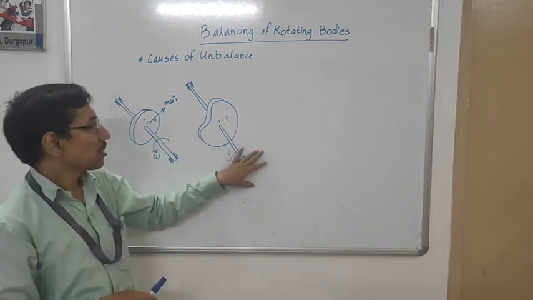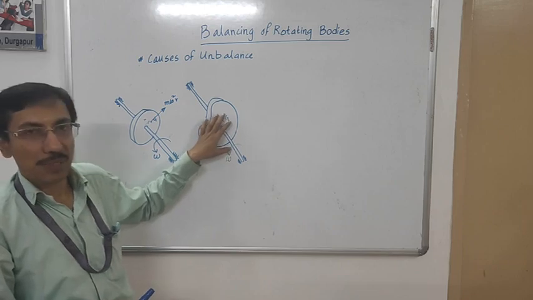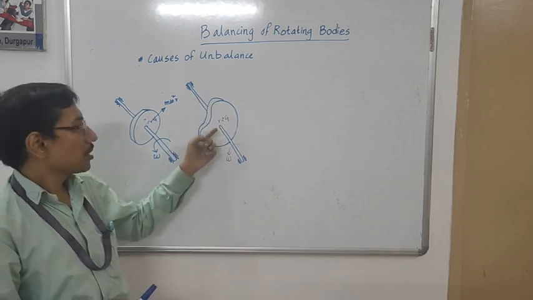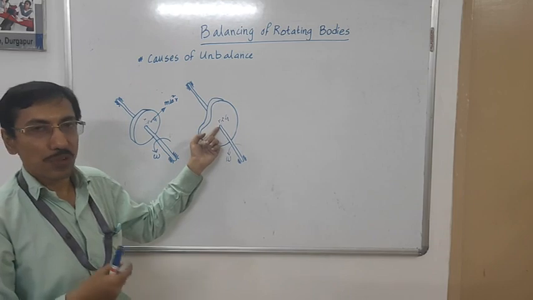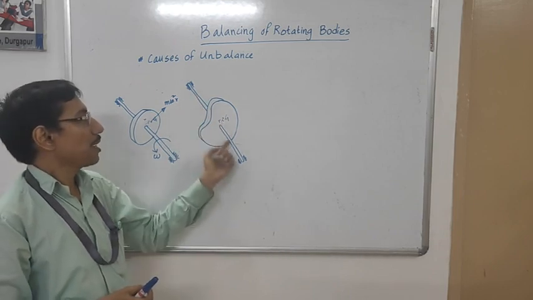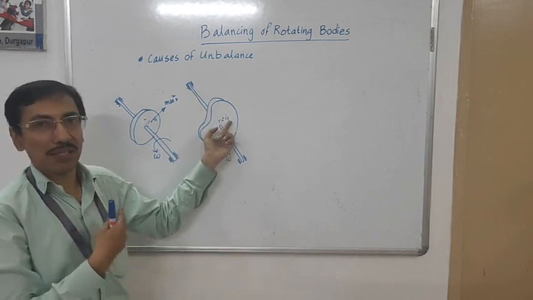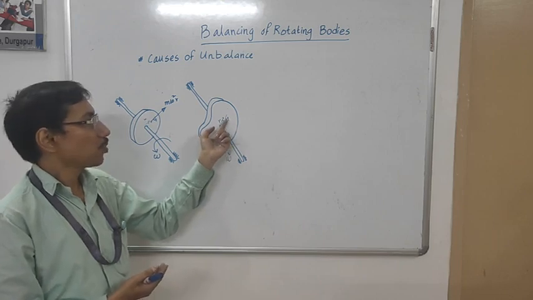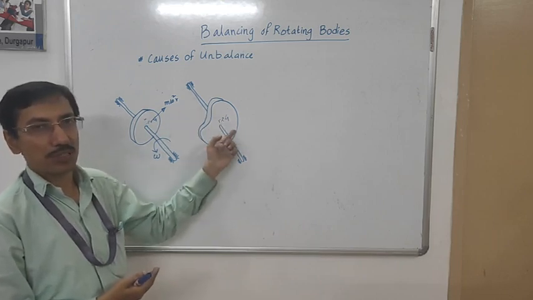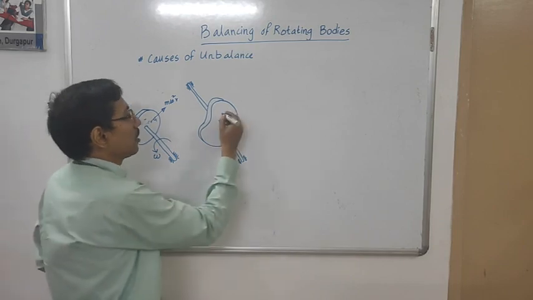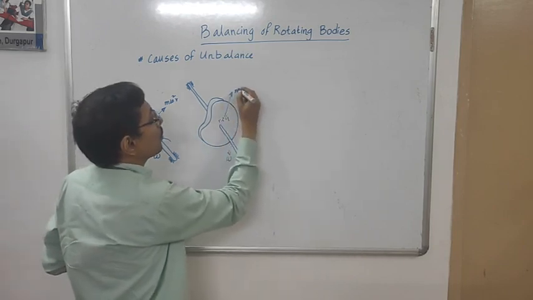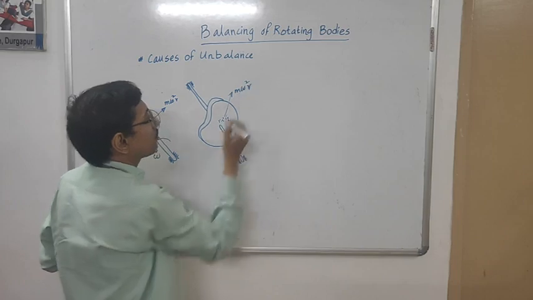But in this case, if we have an unsymmetrical object on the shaft, the unsymmetrical object would definitely have its center of gravity away from the axis of rotation. So by design itself, the center of gravity would lie away from the axis of rotation, and of course here it would also experience the centrifugal force m omega square r.